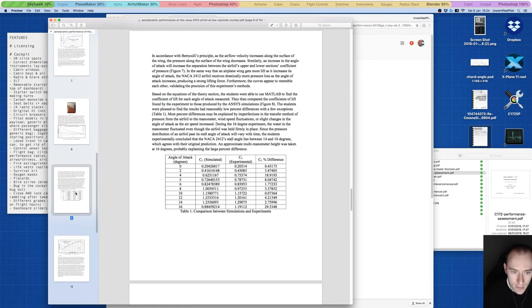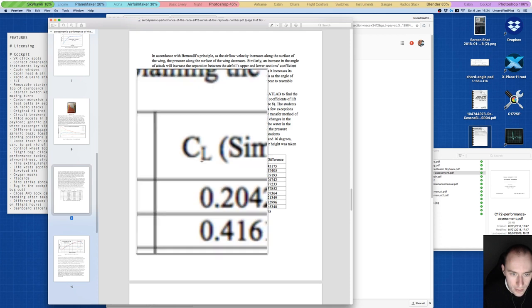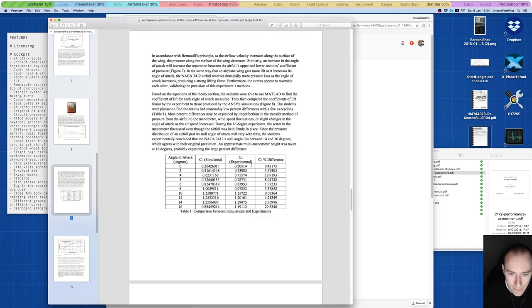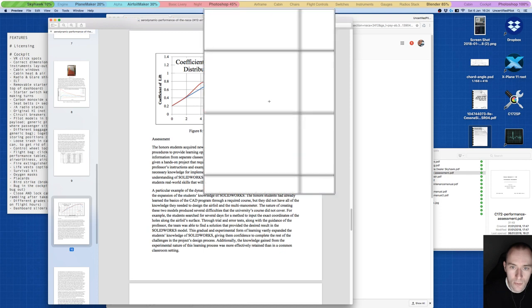Angle of attack, degrees, lift, simulated and experimental. So they're doing something like an optimization with the wing. Coverage of lift distribution, simulated and experimental. So this is actually where the stall happens, and as you can see with that lift, we don't see that rapid drop.